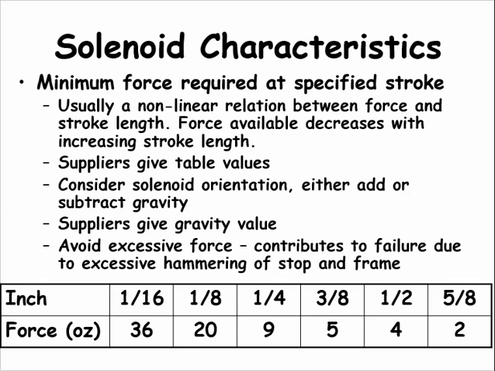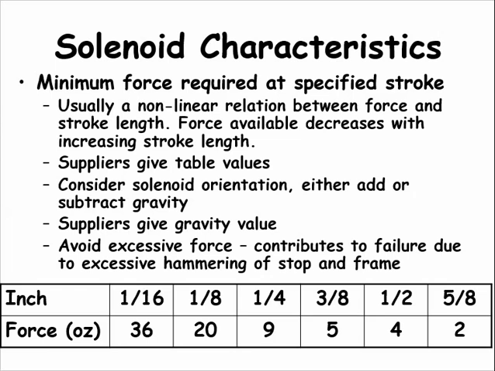Previously, I mentioned that gravity can help return the plunger to its de-energized position if the solenoid is mounted vertically. So it is very important to consider solenoid orientation with respect to gravity when determining the amount of force needed.